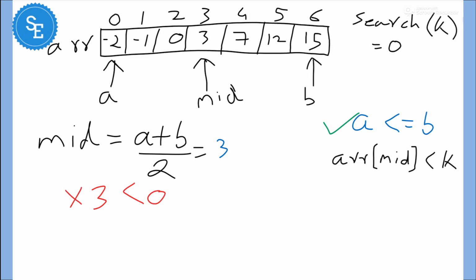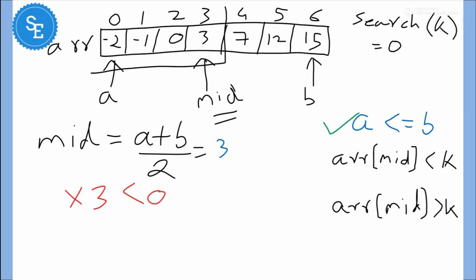That is not true, so we will go to our second if condition, that is, ARR of mid is greater than k. As we can see, 0 is present in this half of the array, so we need to eliminate the other part of the array. For doing that, we need to pull up only our last index, that is b.